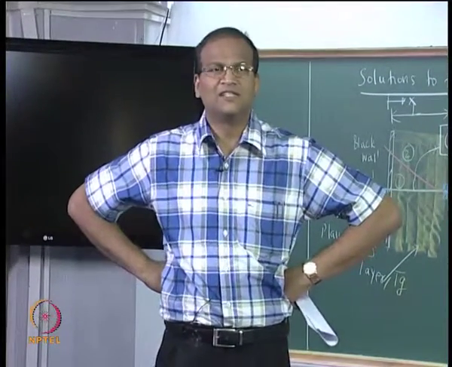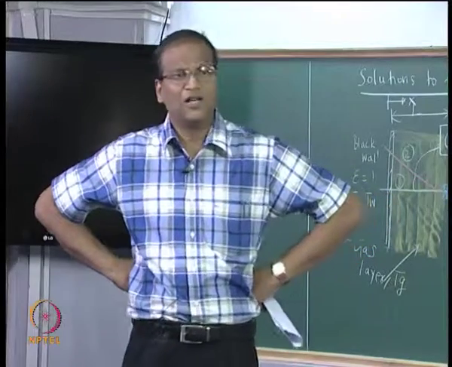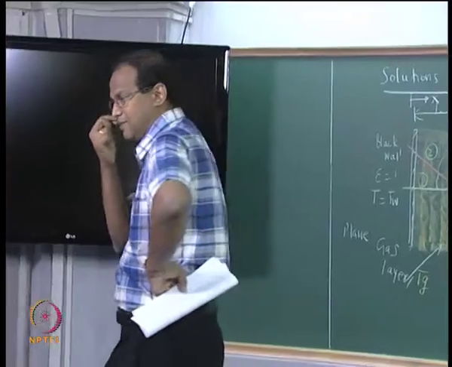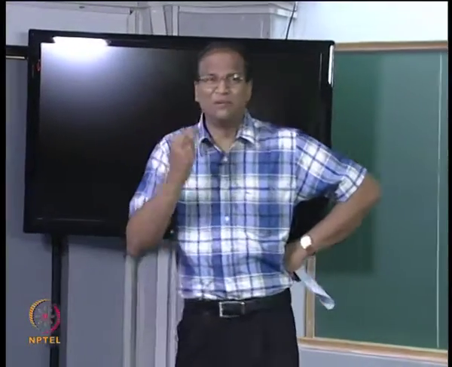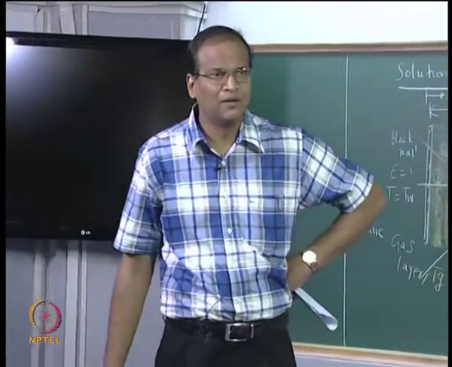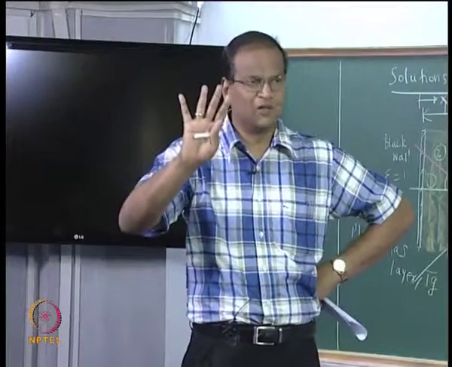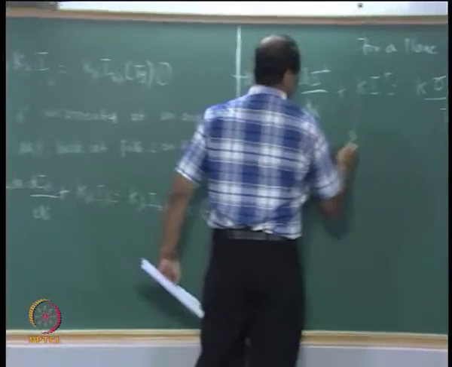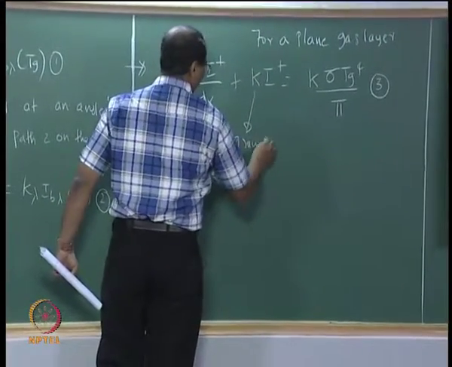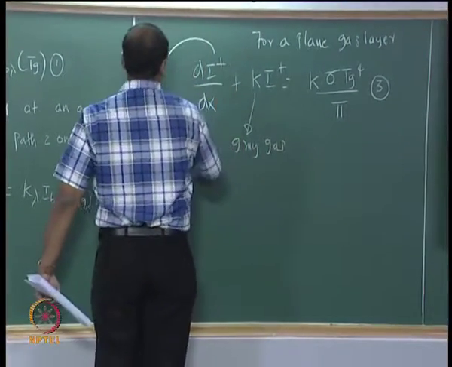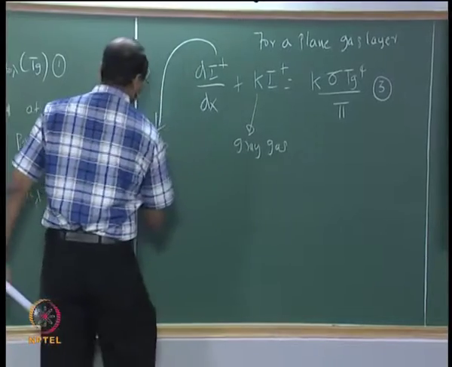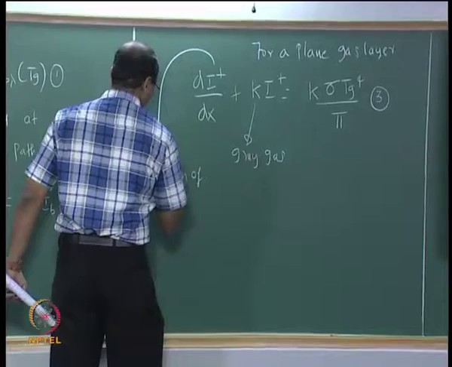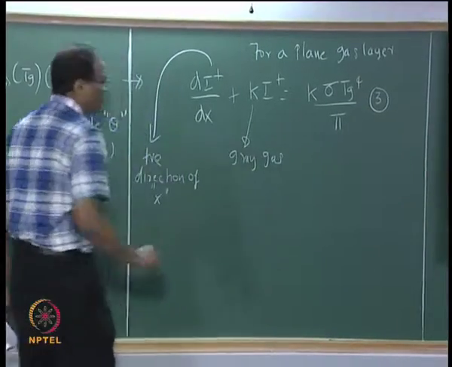I am assuming that the gas is gray, first point, yes, because I knocked off kappa lambda and put it as kappa, okay. So kappa is equal to kappa lambda. Second, I am using something called I plus. What does it mean? I am looking at the positive direction of x, okay. So what else?